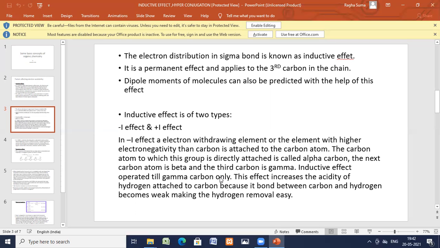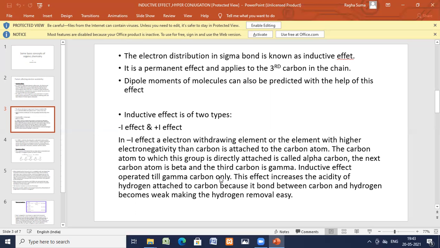Due to this effect, you can see acidity of the hydrogen. What is an acid? Which gives H plus ions. So the losing of H plus ions is more. So this effect will increase the acidity of the H plus ions attached to the carbon.